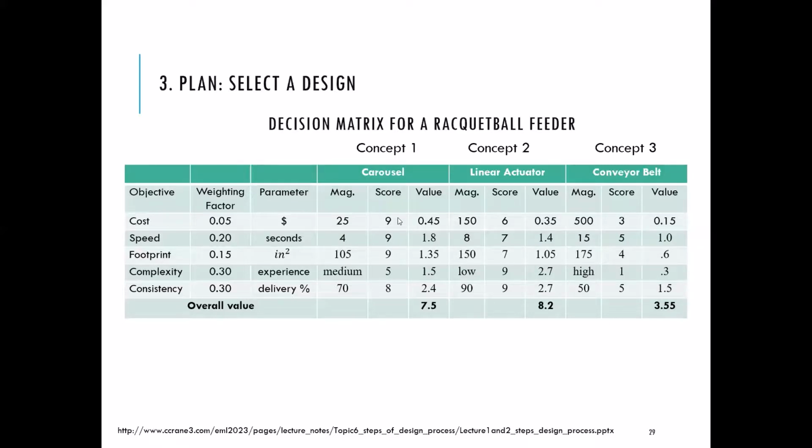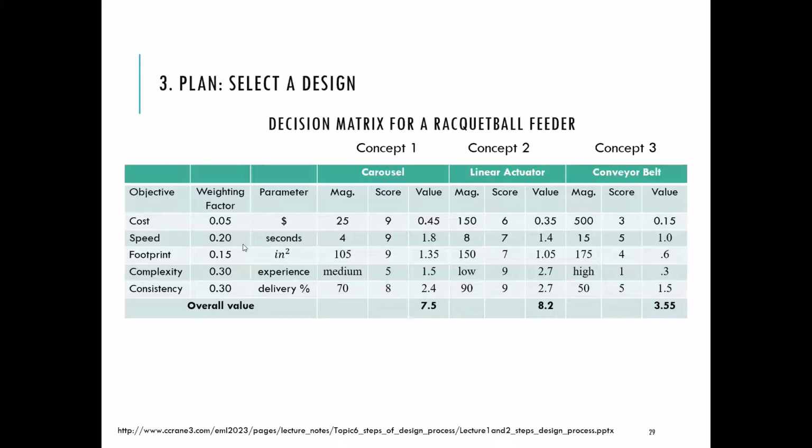And so the reality is you can kind of fudge these numbers any way you want to make any one of these the winner. So you got to be careful. However, where it is very valuable is that it shows where your priorities lied when you are assigning the objectives. So again, these weighting factors say a lot about how we are designing this device.